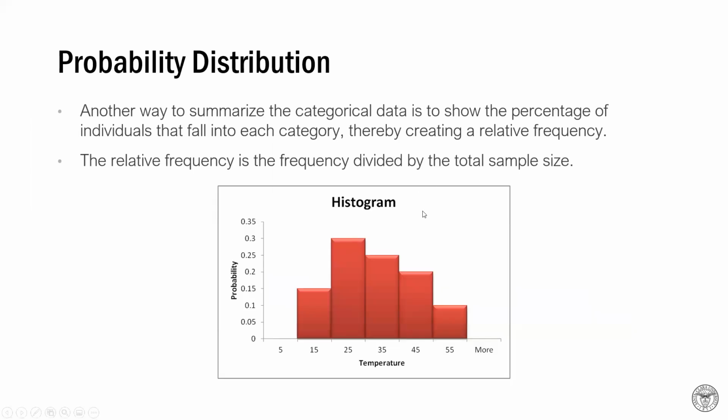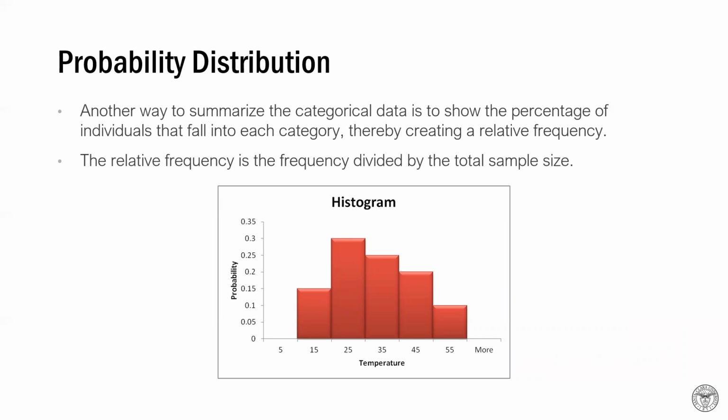Of course, if we convert the frequency into relative frequency information, a histogram of the relative frequency provides some useful information on the probability distribution of those bins.